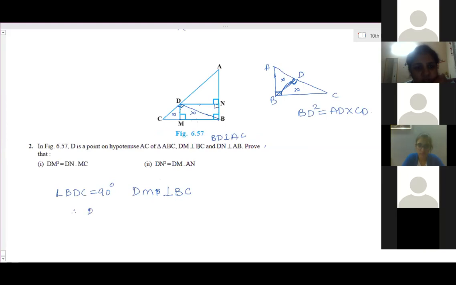Therefore, triangle DMC is similar to triangle... what's the name? Tell me the name. Name of the similar triangle.